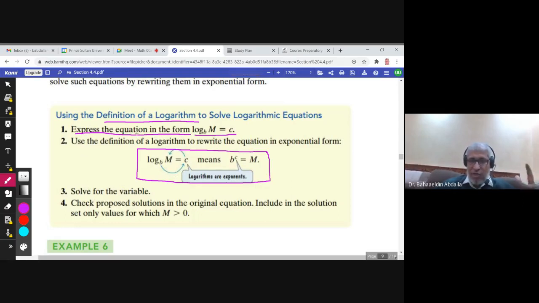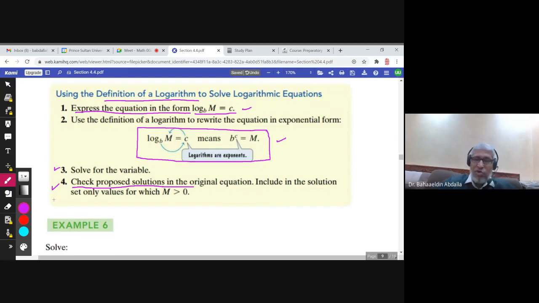So first, you express in this form. Second, you use this definition. Third, you solve for the variable x. And fourth, you have to check your solutions. And this is very important. You have to check the solutions in logarithmic equations always.